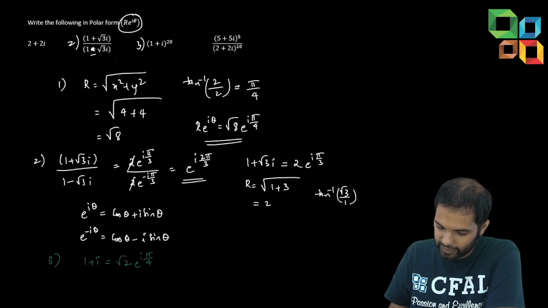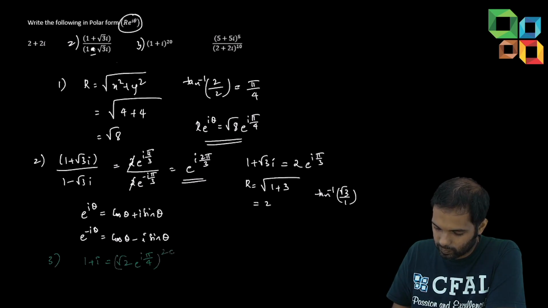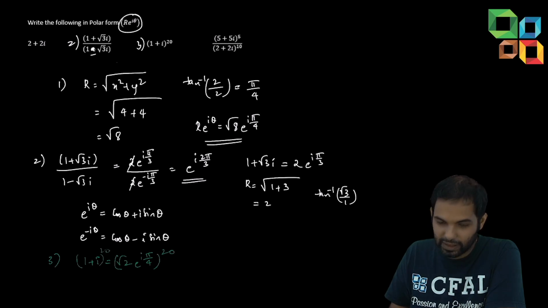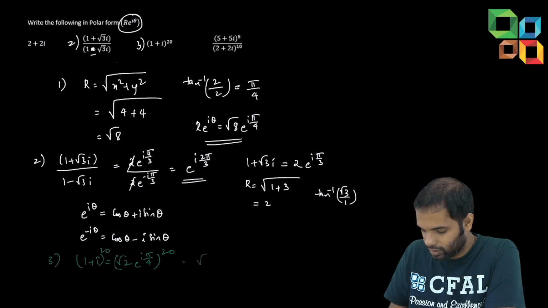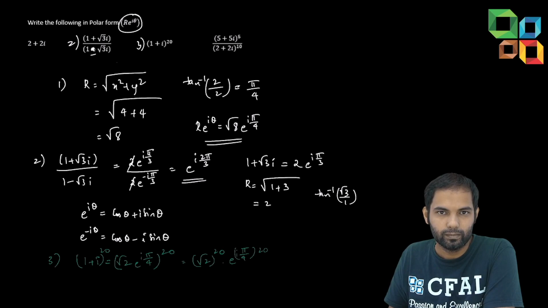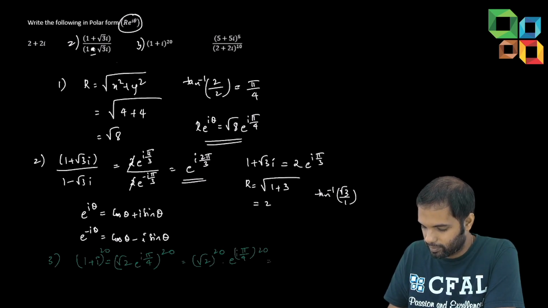Now I have to raise this to the power of 20. Okay. So now you see how easy it is to raise to the power of 20 in complex numbers, just because of this theorem. What am I going to get? Root 2 power 20 into e power i pi by 4 times 20. What is root 2 power 20?